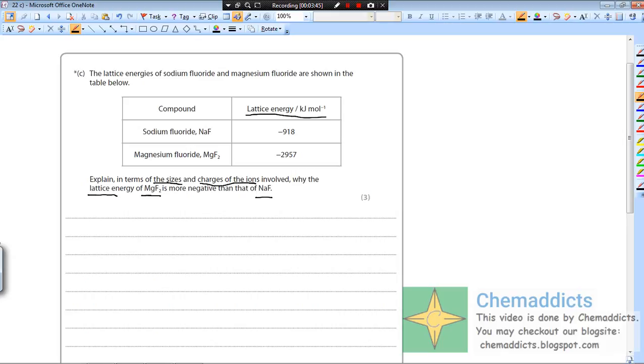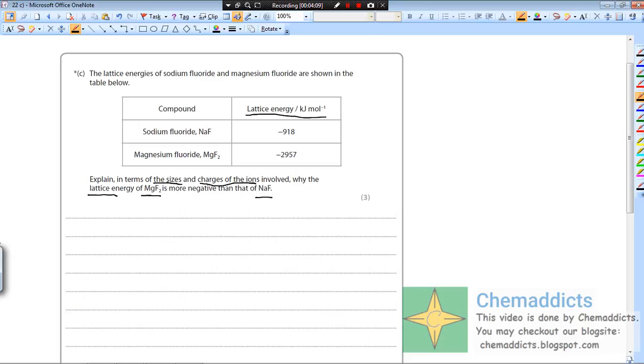Most of the students are really crazy about covalent character. Whenever they see this type of question, they always explain in terms of covalent character. That's really wrong. So here we need to explain this in terms of sizes and charges.